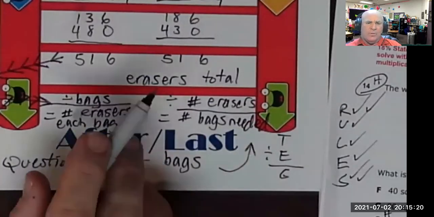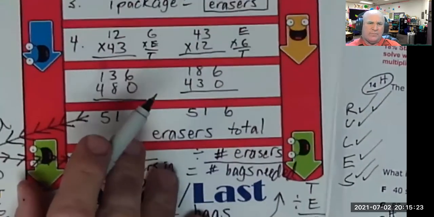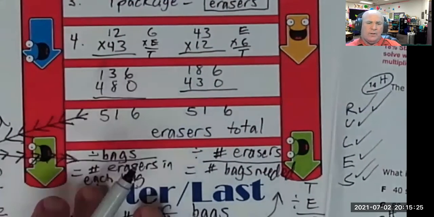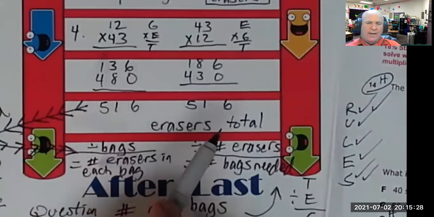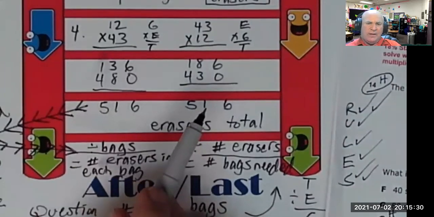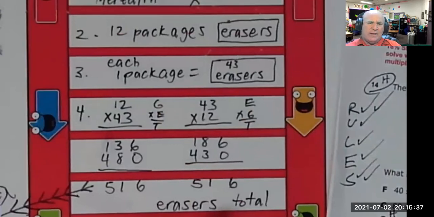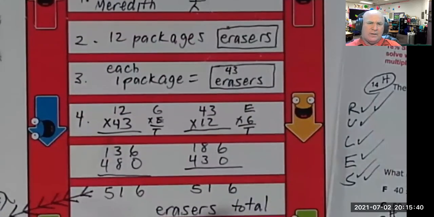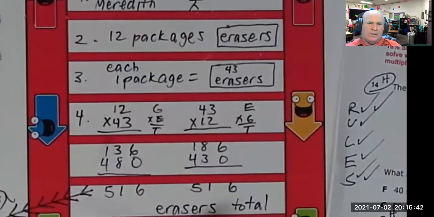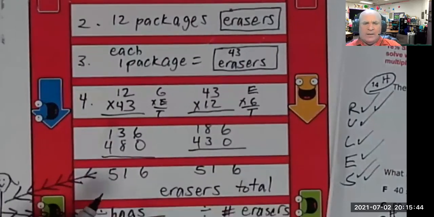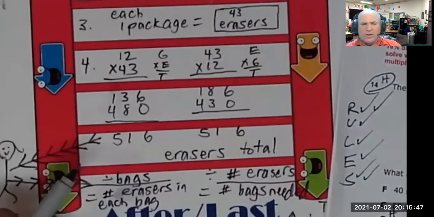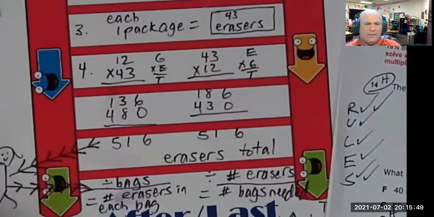So we had to multiply first, and then we're going to divide this dividend, 516, divided by the number that they said. They said that they were going to be placing, as you can see from the picture, 6 erasers into each bag.